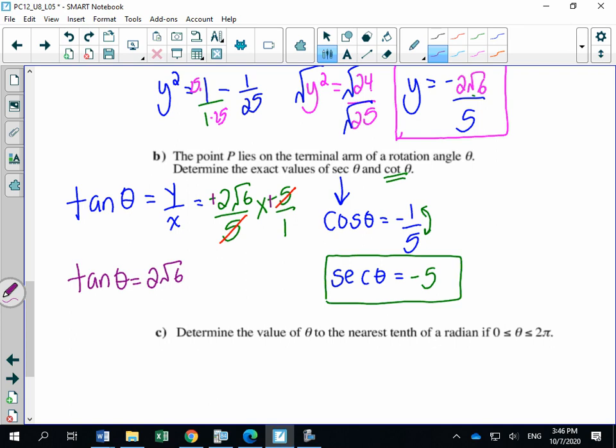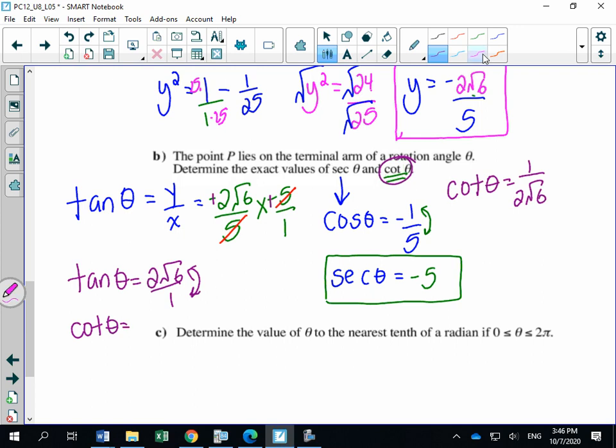If I know that that's the tan of theta, I could easily find the cotan of theta, because the cotan of theta is the reciprocal of the tan of theta. And if that's the tan of theta, then the cotan of theta, maybe I'm going to write it up here because I'm going to have to do rationalizing, would be 1 over 2 root 6.